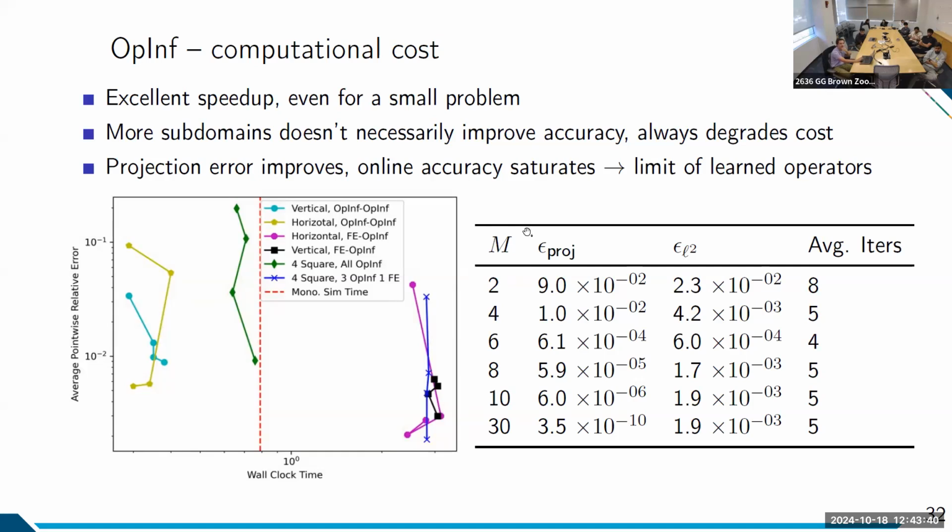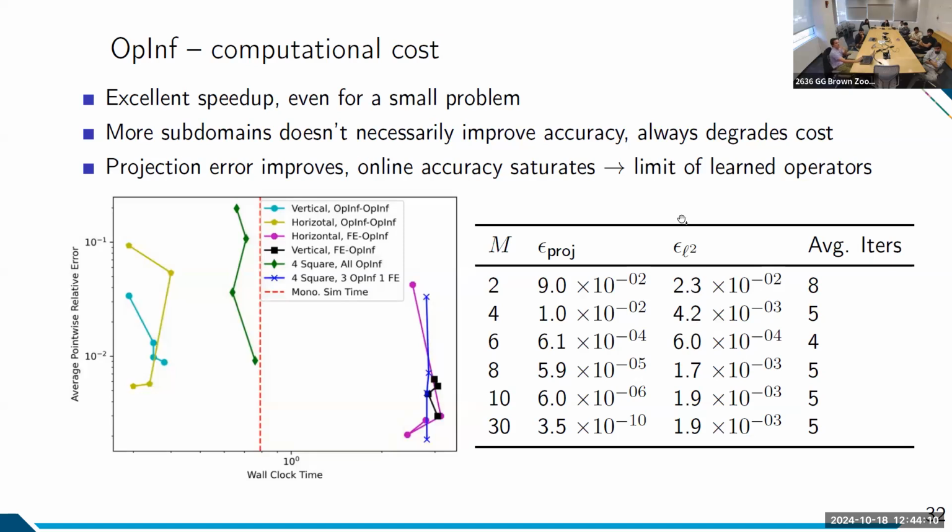And when you look at how the error of these systems changes with the rank of your trial basis, this is the projection error, so just the error in projecting your training data onto that linear subspace, you'll see that this error goes down monotonically with respect to your trial rank M. But the actual online error of running these simulations ends up decreasing to a point and then thresholding at a certain level.